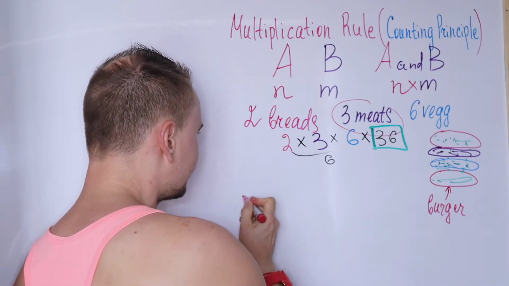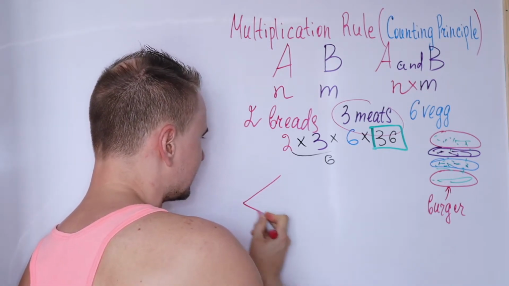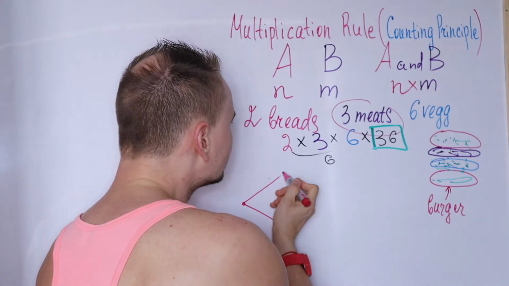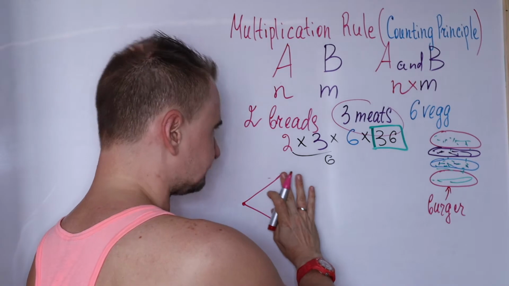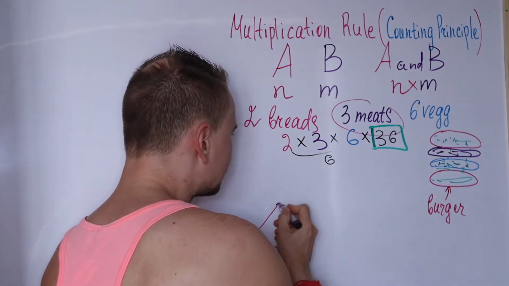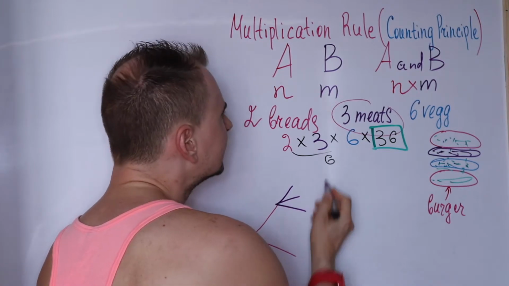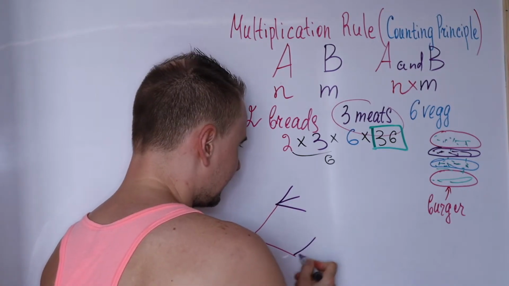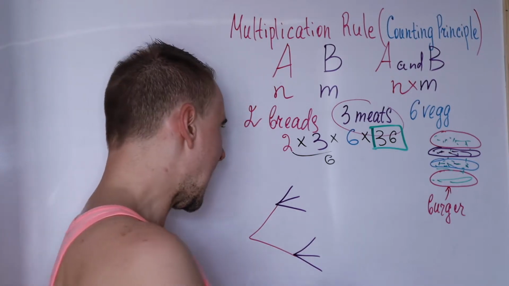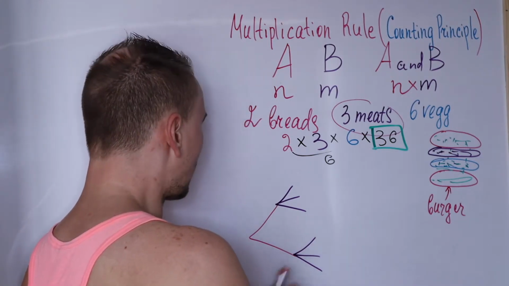You have 2 different choices, 2 different possibilities of selecting bread for your meal. On this you have 3 different possibilities of choosing meat. So you have 3 different choices. And finally, this is your bread.